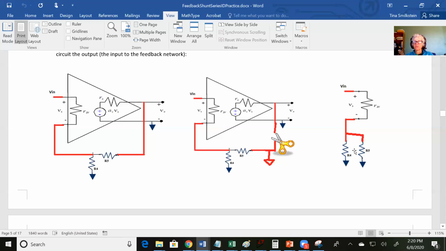You can see it gets bigger, but you can also see that if R4 and R5 are really big, then the voltage drop across your non-inverting and inverting input, the difference between those two inputs, gets very small. So if R4 and R5 are really large, this is a voltage divider, but very little voltage is dropped across Rn, and most of the voltage is dropped across R4 and R5.